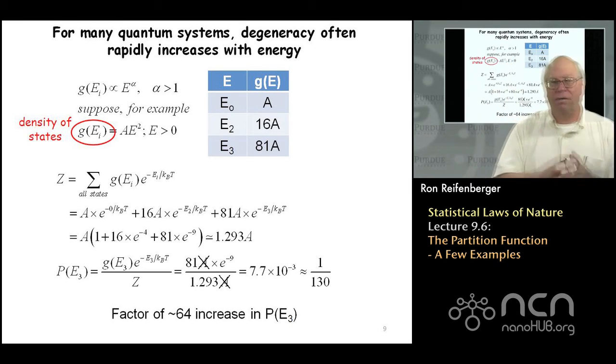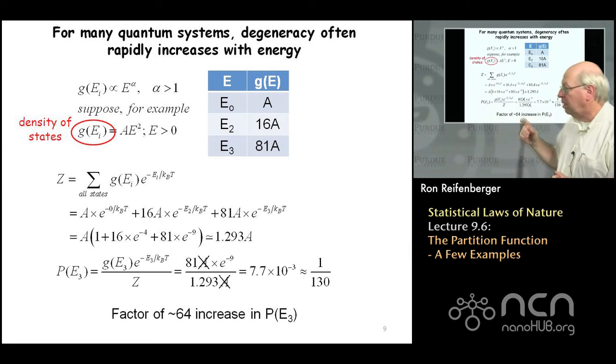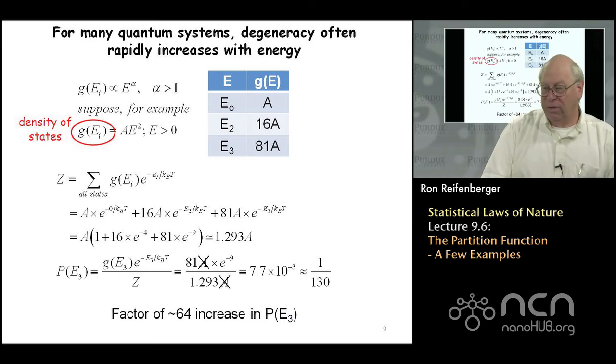So there's about a 64-fold increase in the probability that the highest energy level state in this system is occupied. And that 64-fold increase just comes about because we've assumed that the density of states is increasing rapidly with energy.